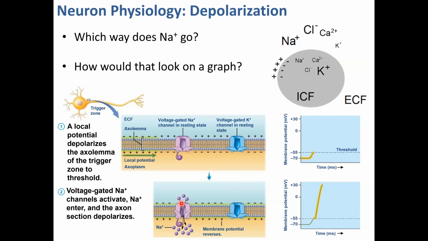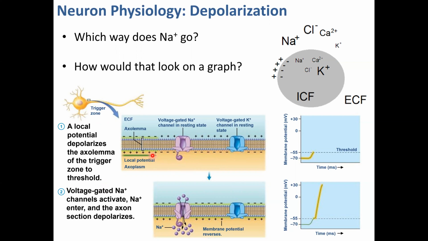Now what's gonna happen? The voltage gated sodium channel will be open. Now, the cell is negative inside, positive outside. Voltage gated sodium channels are in a resting state, and voltage gated potassium channels are also in a resting state, closed.